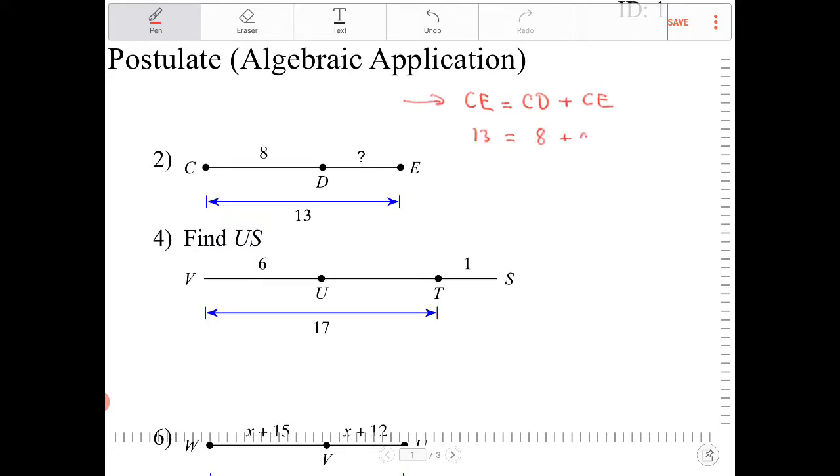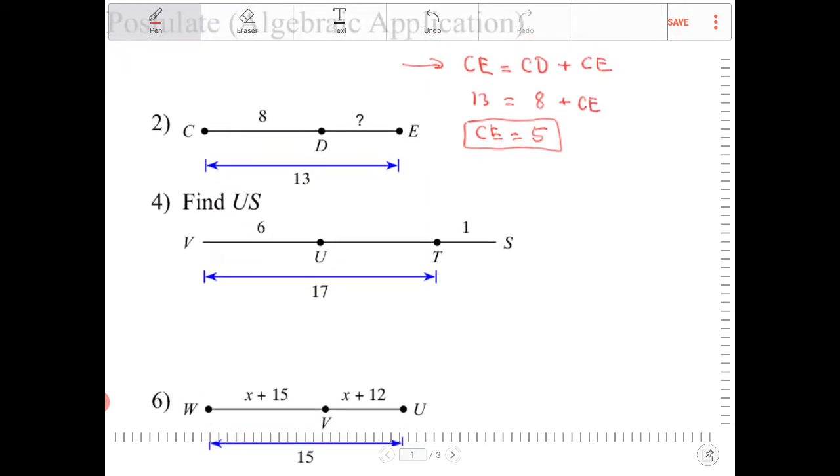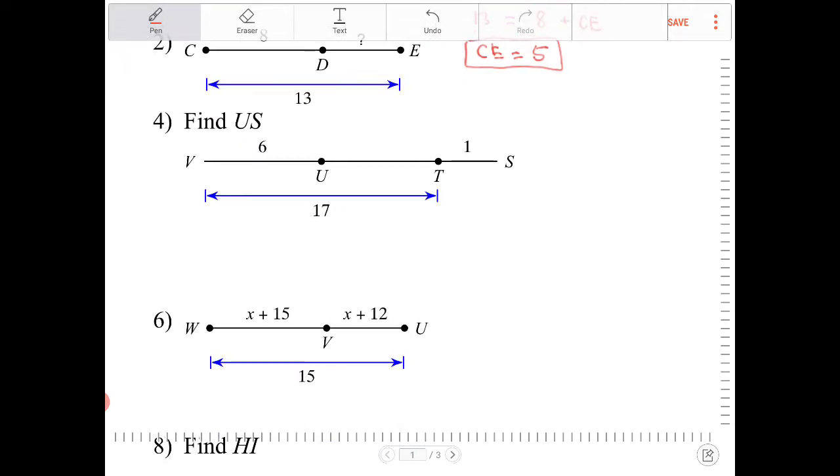I'm looking for CE, so that's just a matter of subtracting 8 from both sides. So CE therefore equals 5. Again, writing these steps out for question number 2 is kind of an overkill, but this strategic approach to problem solving will help immensely when things get a little more confusing.